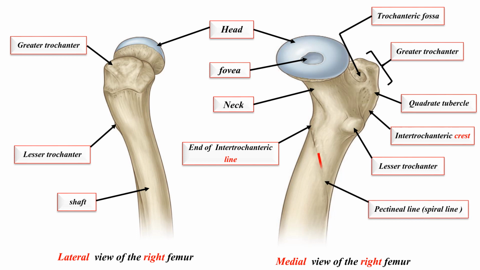This is the pectineal line or the spiral line. The end of the intertrochanteric line anteriorly continues below the lesser trochanter and runs into the posterior surface of the shaft of the femur as the spiral line or pectineal line. This line is for the attachment of the pectineus muscle.